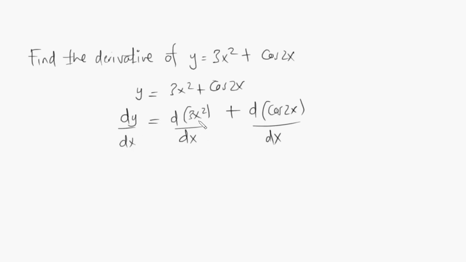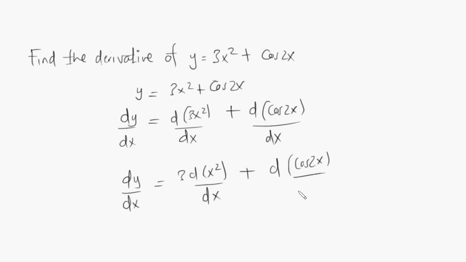Okay, so this constant I can take outside; visit the tutorial on the derivative of a polynomial, I have made it, visit that one. So I have d of cos 2x over dx. So what do we use here? We know that if y equals x to the power n, my dy dx will just be equal to n x to the n minus 1.